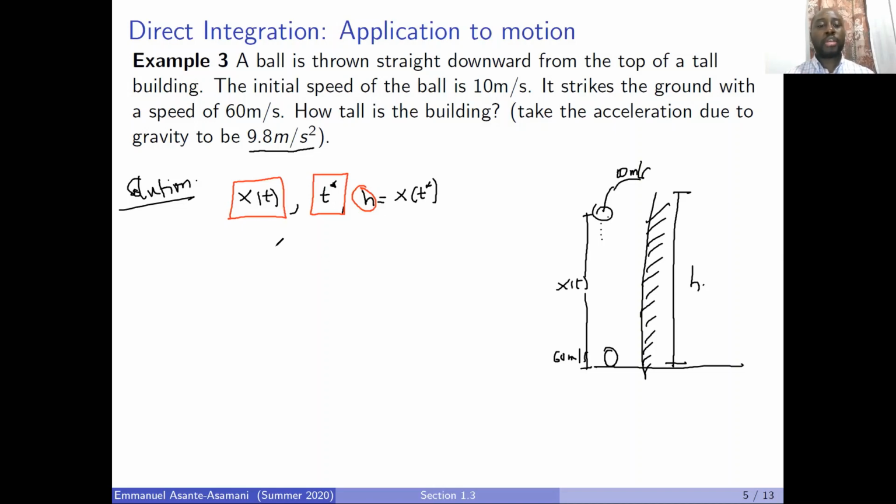Okay. And so if we assume that, and we know that my acceleration due to gravity is 9.8 meters per second squared, then we know that at every point in time, d²x/dt squared, which is the acceleration of the object, should be 9.8.